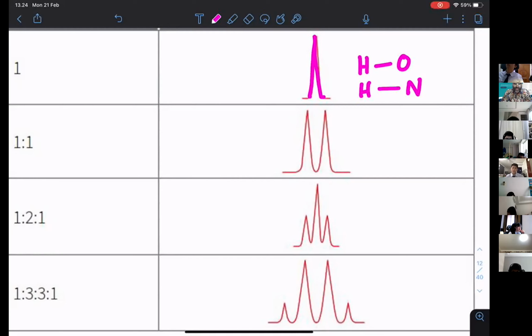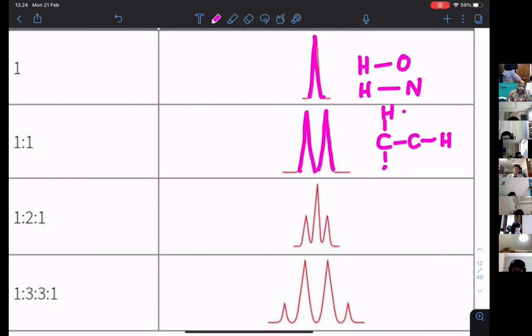But now if you have splitting which is going to be 2 like this, this means that the hydrogen is attached to a carbon that may attach to another carbon that has 1 hydrogen. So this one may be something else, I don't know.